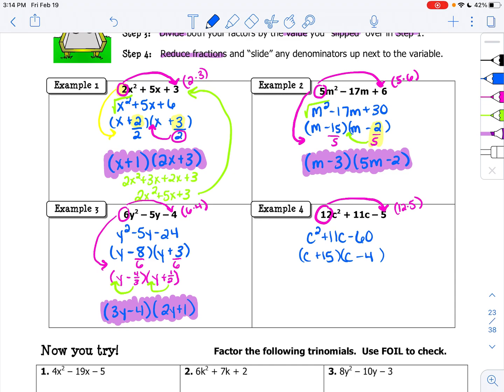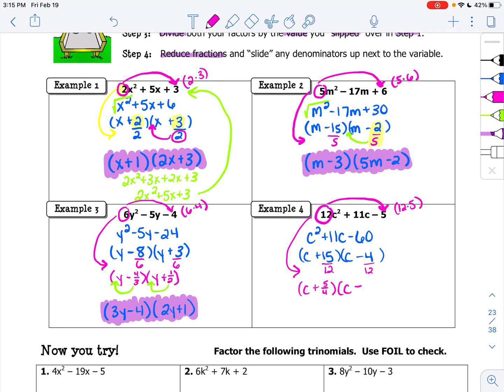Now I'm going to take that a and divide both factors by 12. I know both of them won't divide evenly, but I also know that they'll simplify. So I will have c plus 15 over 12 simplifies to 5/4.